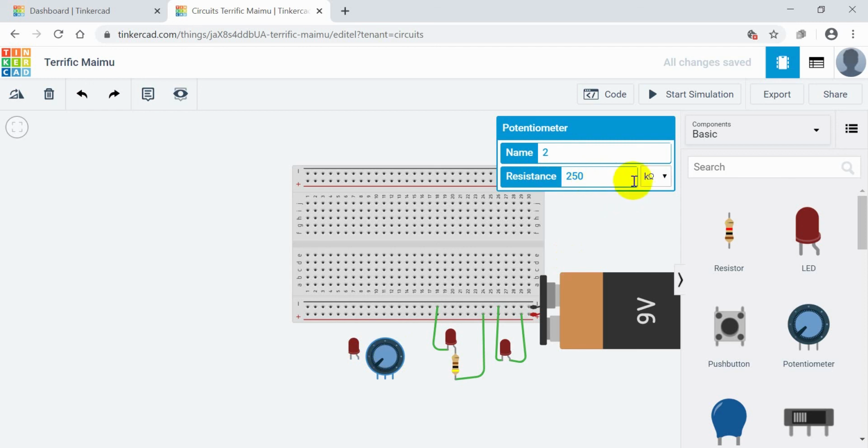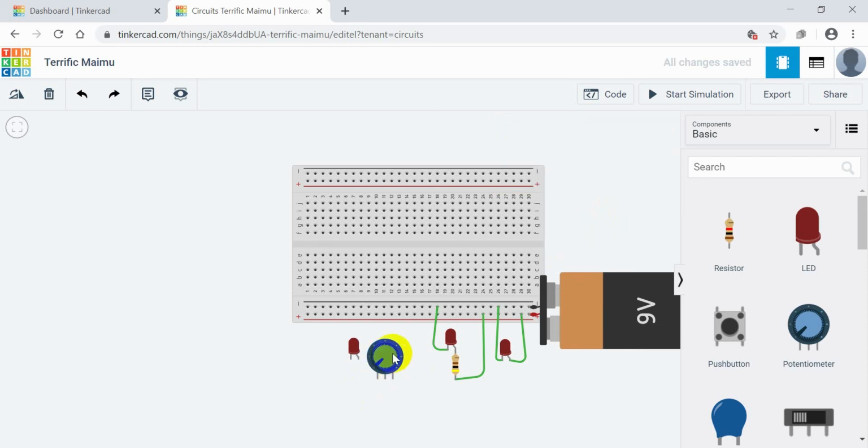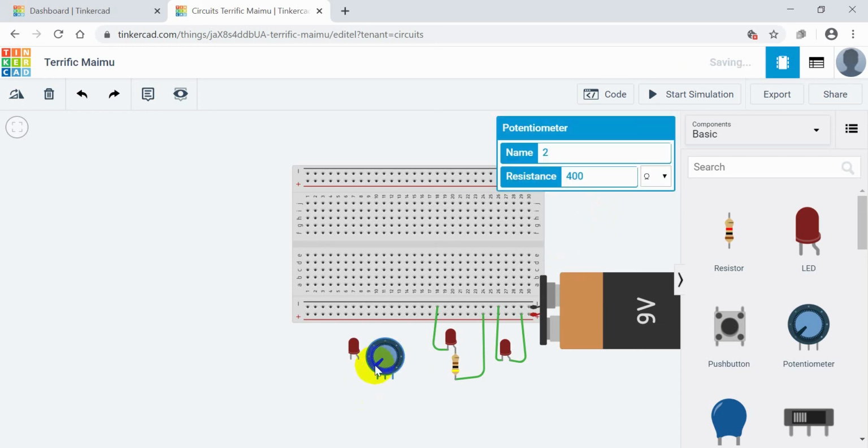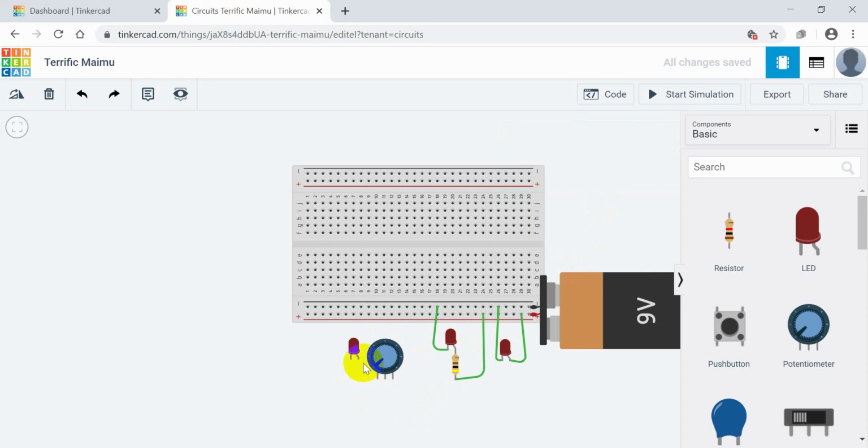Now it is 250 kilo ohms, but we're adjusting it to around 400 ohms. 400 means the pot value changes from 0 ohms to 400 ohms when you move the wiper contact. Next, we are making the connections.